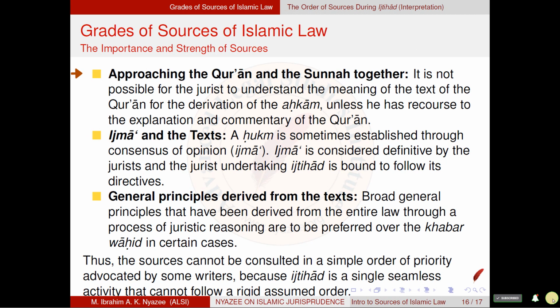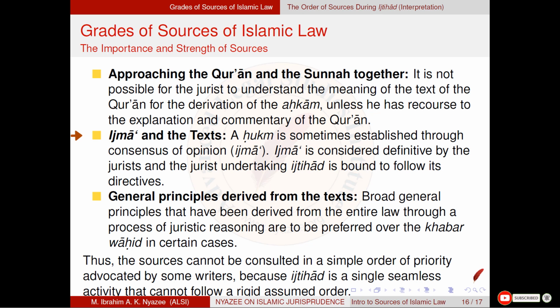Approaching the Quran and the Sunnah together, it is not possible for the jurist to understand the meaning of the text of the Quran for the derivation of the ahkam unless he has recourse to the explanation and commentary of the Quran. Ijma in the texts. A hukam is sometimes established through consensus of opinion, ijma.